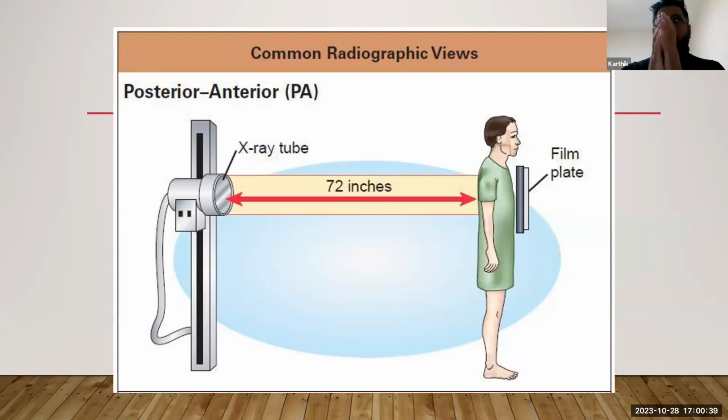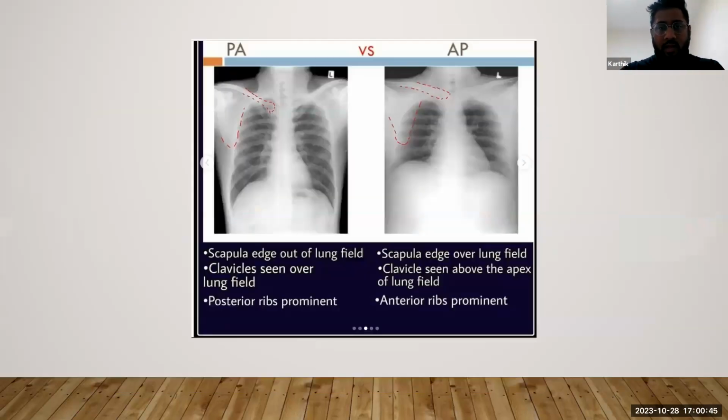This is so we get a proper ratio of all the anatomical structures within the thorax. So, the difference between a PA view and an AP view, and why we prefer the PA view. As you can see here, I don't know if you can see my arrow, guys, but in the AP view, we see the scapula, and this distorts the image slightly.